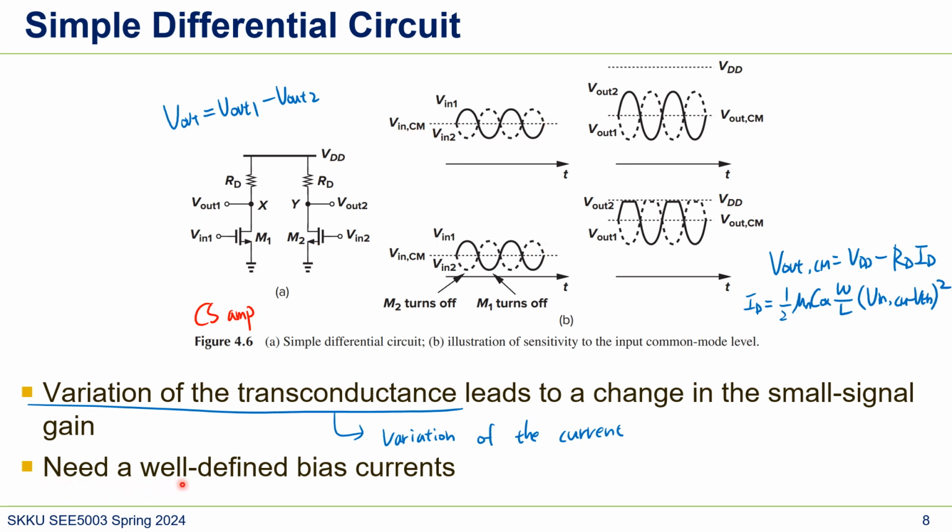That means we need well-defined bias currents. These things happen because the bias current ID changes depending on the V in Cm. So it also means that we want a bias current independent of V in Cm. That's what we want.